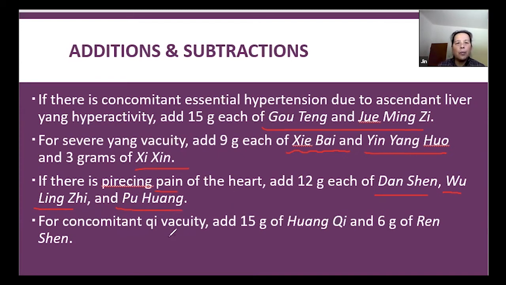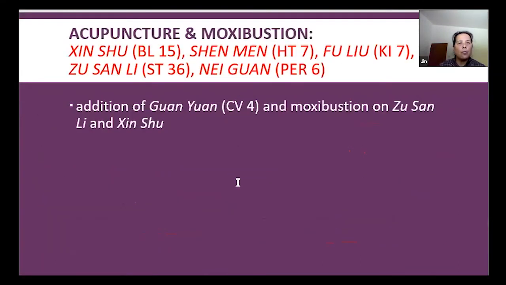And if more qi deficiency, we add 黄芪 and 人参. So those are the manipulations for the formula.